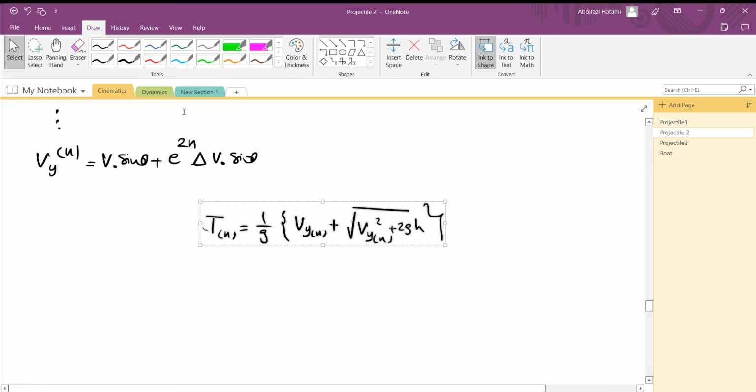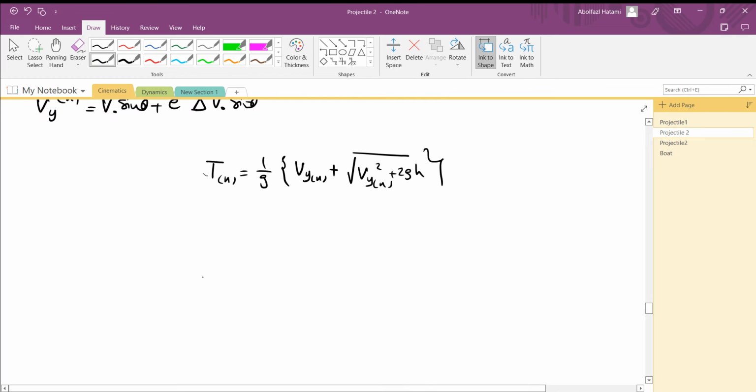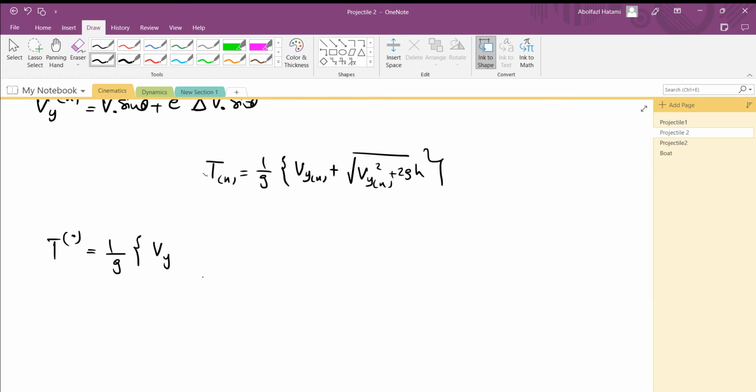Yes, so this is Tn. So for example, we can find T0 as 1 over g, Vy0 plus radical Vy0 to the power 2 plus 2gh.